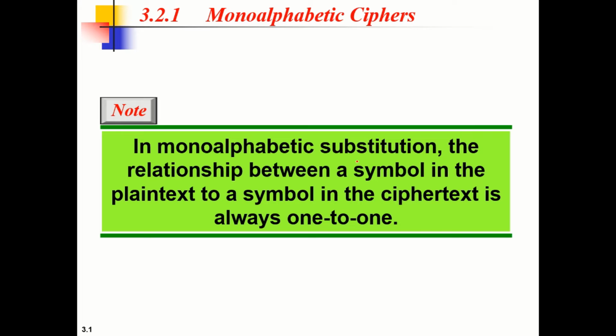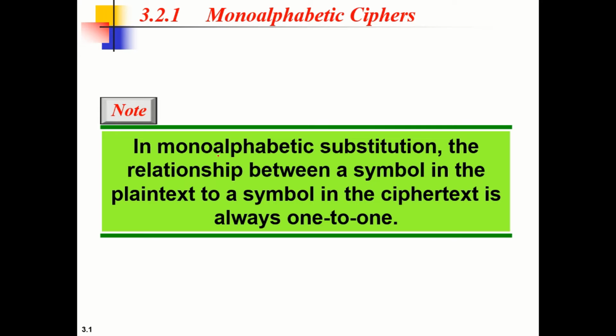So in substitution cryptography, I told you about monoalphabetic ciphers and polyalphabetic ciphers. We discussed some examples also for monoalphabetic. Monoalphabetic says that you are substituting the characters, and we get the encrypted message by substituting the characters, replacing one character by another character.